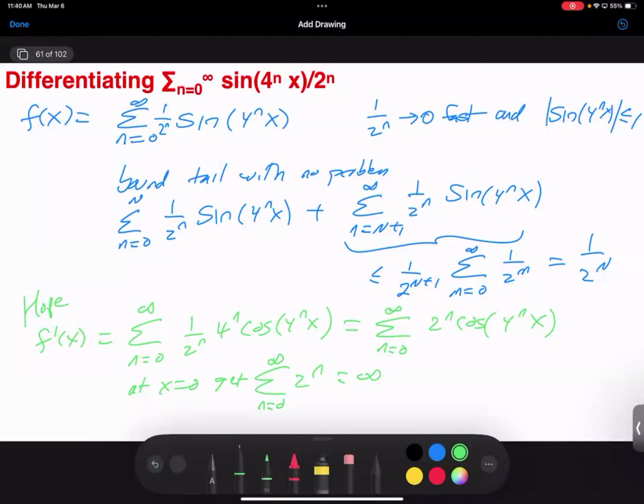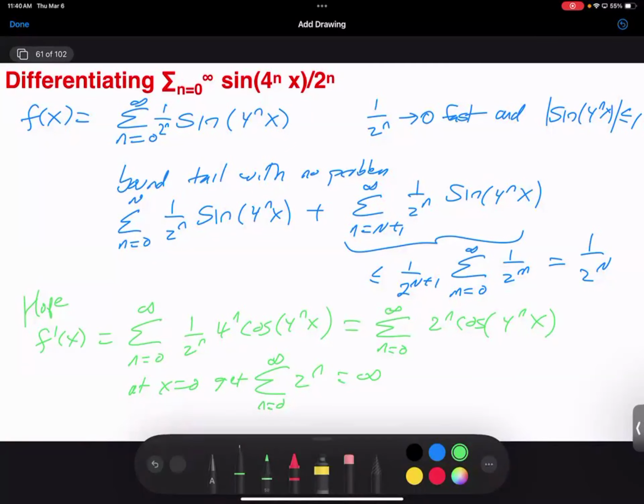Does anybody know the saying about a cat and a hot stove? A cat that jumps on a hot stove will not jump on a hot stove again, nor will it jump on a cold one. To each experience in life, only draw the lesson from it that you should. So be very careful about pushing things too far. This does not prove that the function is not differentiable. It just proves that if it is differentiable, its derivative is not the sum of the derivatives.